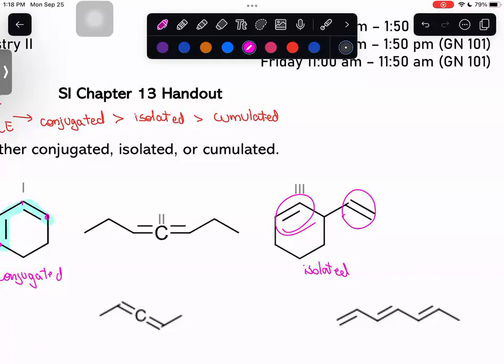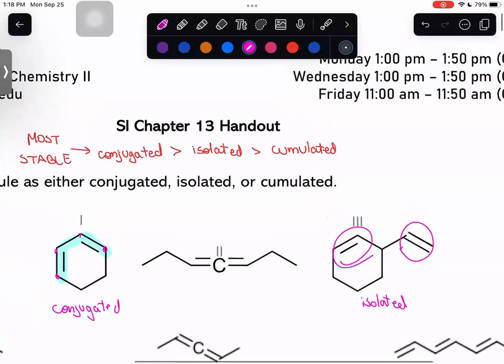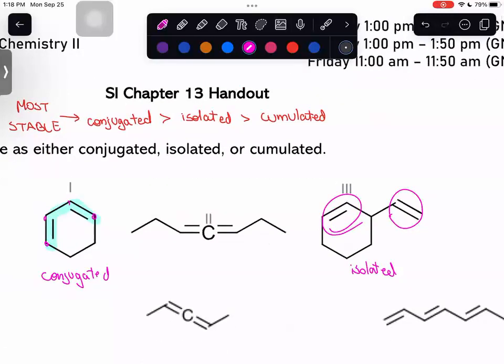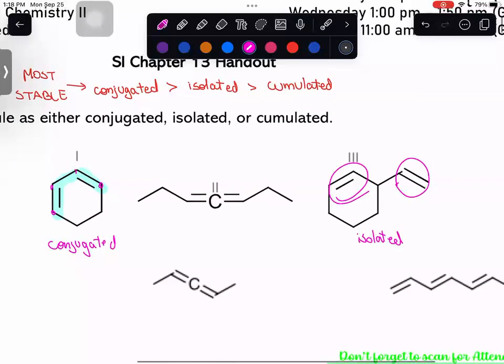That's it. And then the very last one, the one that we hate because it's the least stable of all, it's cumulated. And that's gonna be whenever they're right next to each other. So for example, molecule 2, we have 2 double bonds that are next to each other. That's gonna be technically on, I forgot the specific name of it, but he's not gonna ask you. You just have to know the name of the actual systems.